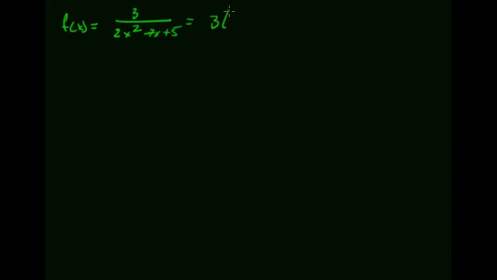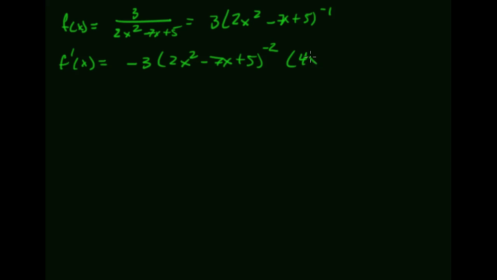I rewrote this as 3 times (2x squared minus 7x plus 5) to the negative 1. And said f prime of x would be negative 3 (2x squared minus 7x plus 5) to the negative 2 times the derivative of the inside, which is 4x minus 7.